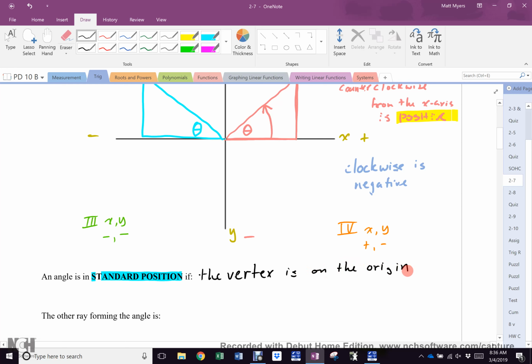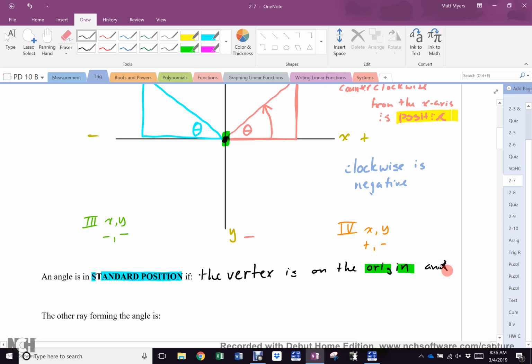Now, we all remember what origin means, right? The origin is right there. I'm going to put a little green circle there. I'm going to highlight it. The vertex is, of course, the corner, right? The vertex is on the origin.